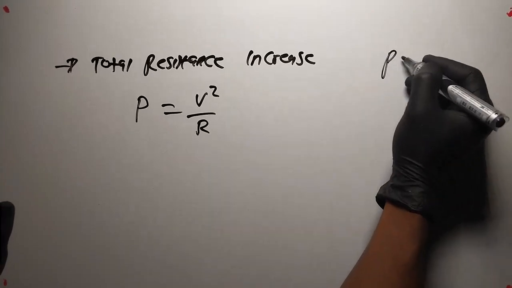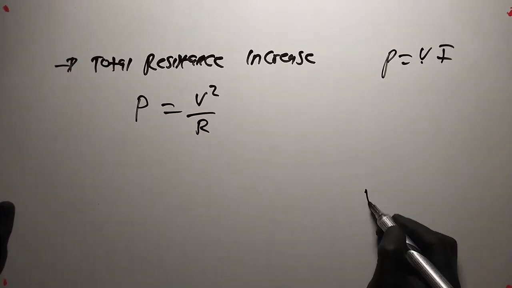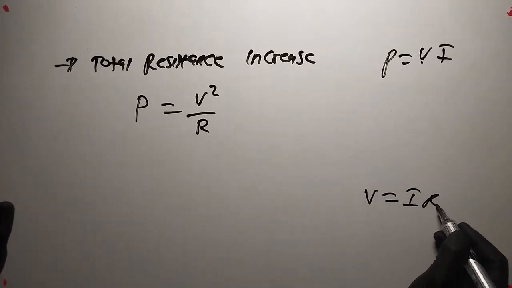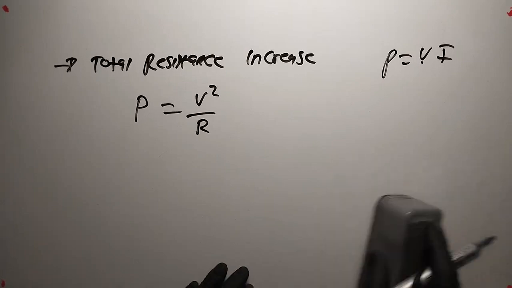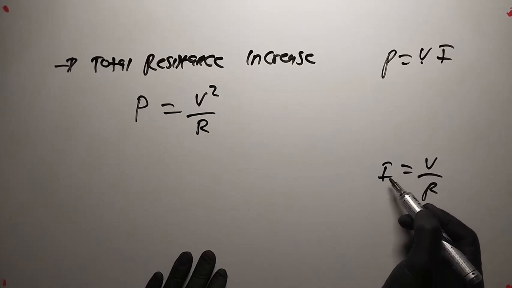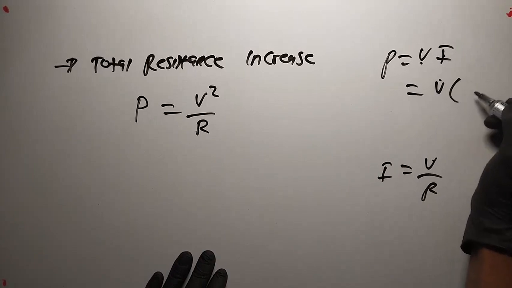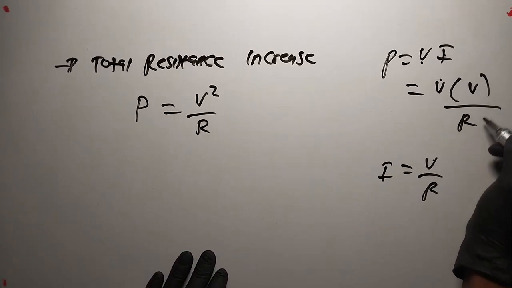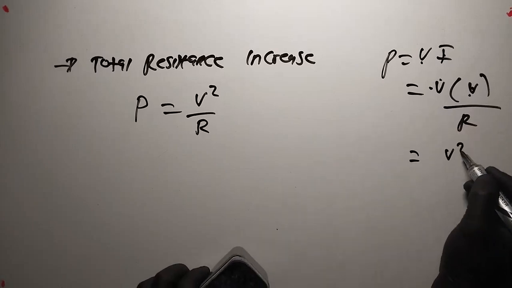Since we know the formula P equals VI, and since I equals V over R, instead of I we can simply put V over R. So when you multiply these two, you get V squared over R.